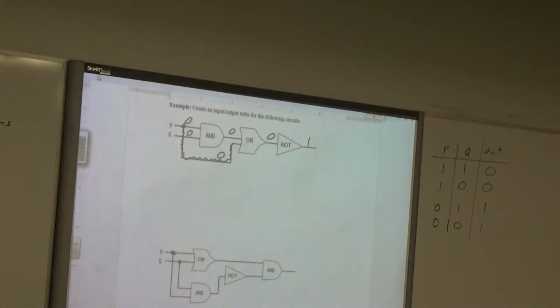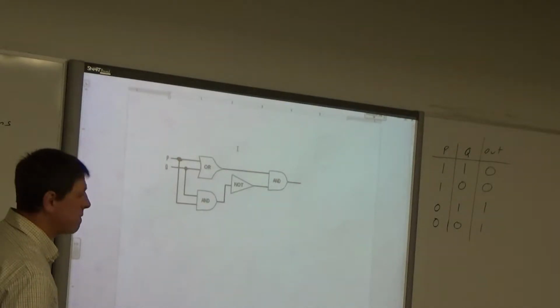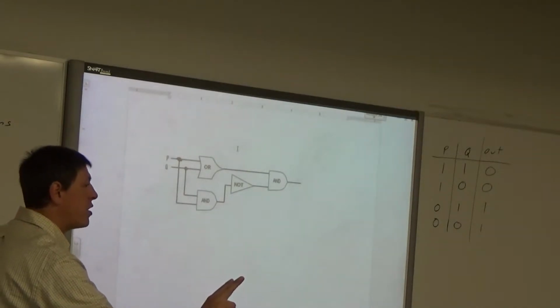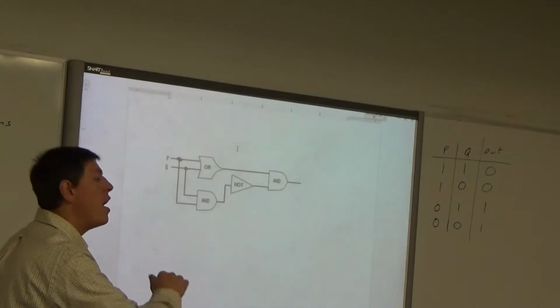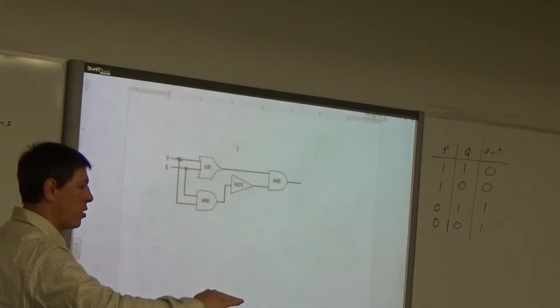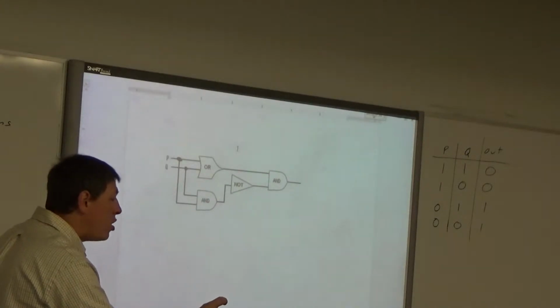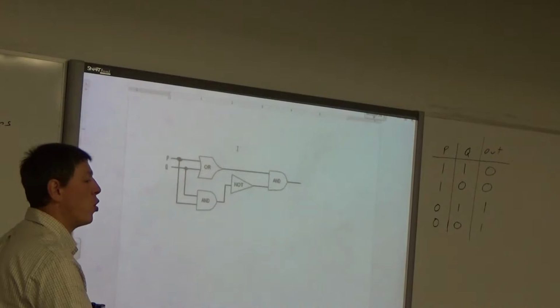Yes, sir. Please, how come P has just 2 1s and 2 0s instead of 4 1s and 4 0s? Because there's only 2 inputs for the entire thing. Oh, okay. If it was a P, Q, and then an R, then you would have 8 rows. And even if you did that, you'd still get the same results, you'd just have double the results.